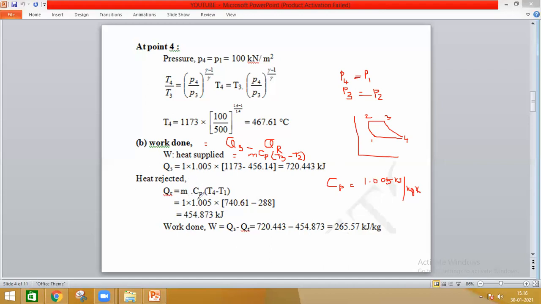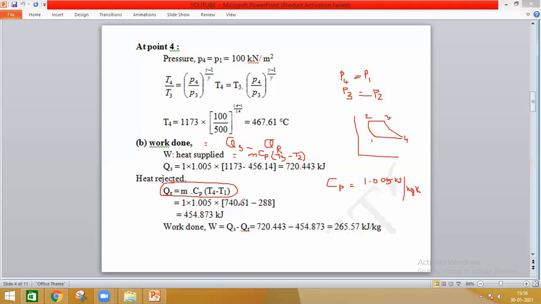Then heat rejected QR is equal to M into Cp into T4 minus T1. This is the heat equation. Q is heat. So M into Cp into T4 minus T1, where heat supplied is equal to M into Cp into T3 minus T2.